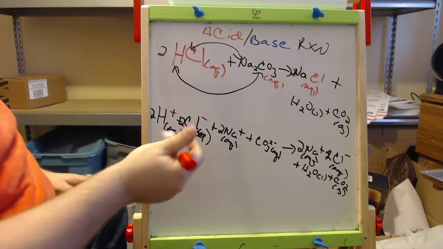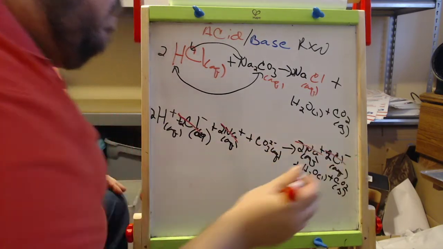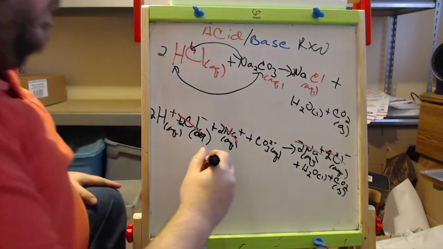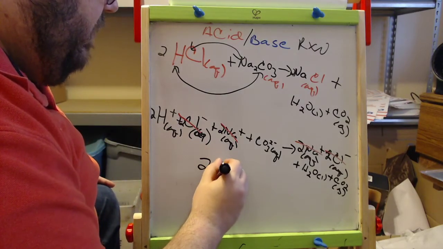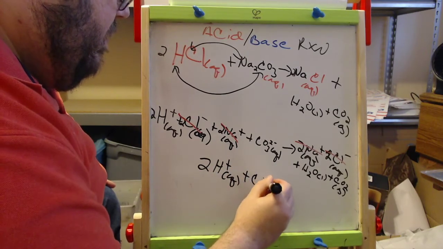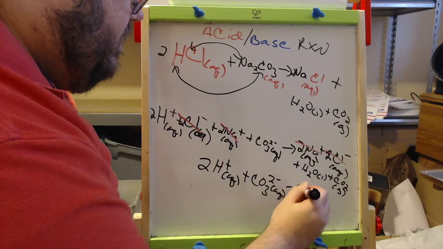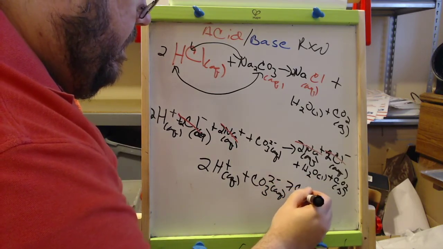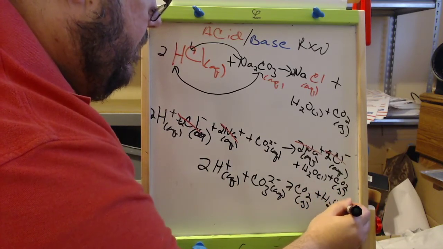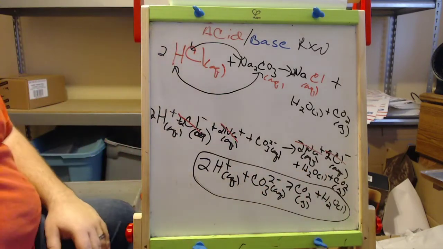Cancel out our spectators, sodium and chlorine, and we are left with 2H plus aqueous plus CO3 2 minus aqueous, yields CO2 gas and liquid water. Because they're not aqueous, they don't break down.